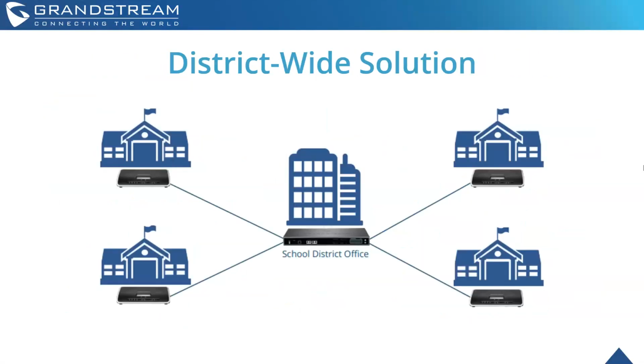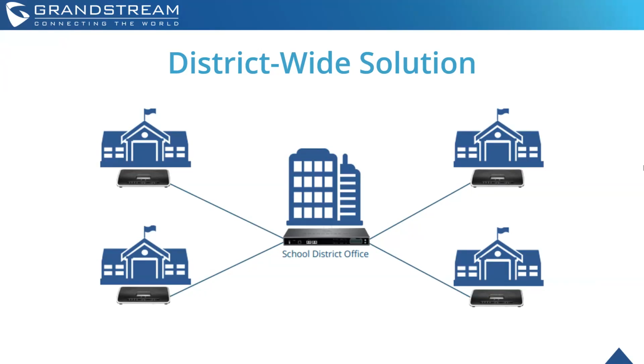So this is just a good example here of how Voice Connects is making various different solutions, how they're actually deploying for these districts. So our school district office typically has our UCM 6510 as the central UCM, whereas each different school is deployed with one of the 6200 series, the 6202, 04, or 08, excuse me.